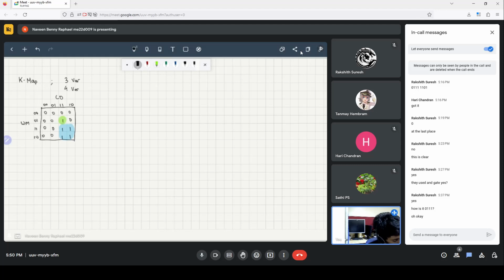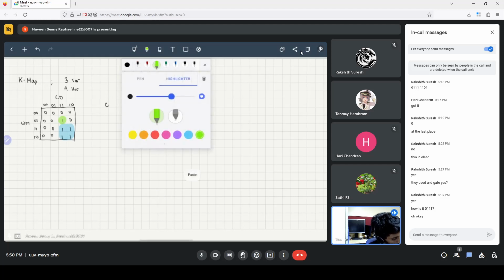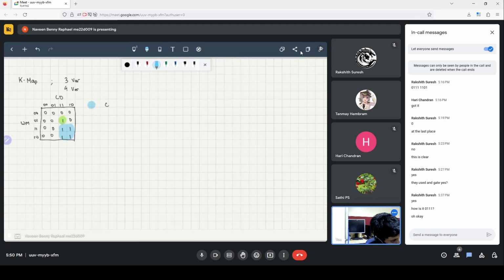That means the blue one will have a value of C, and if you look at it from the other side with the 1 0 and 1 1, it will have a value of W. Did I miss a value?